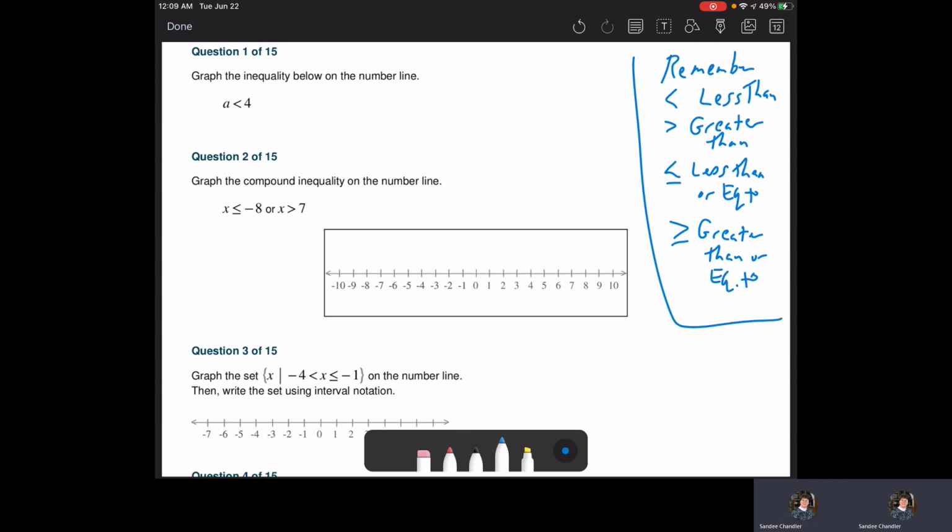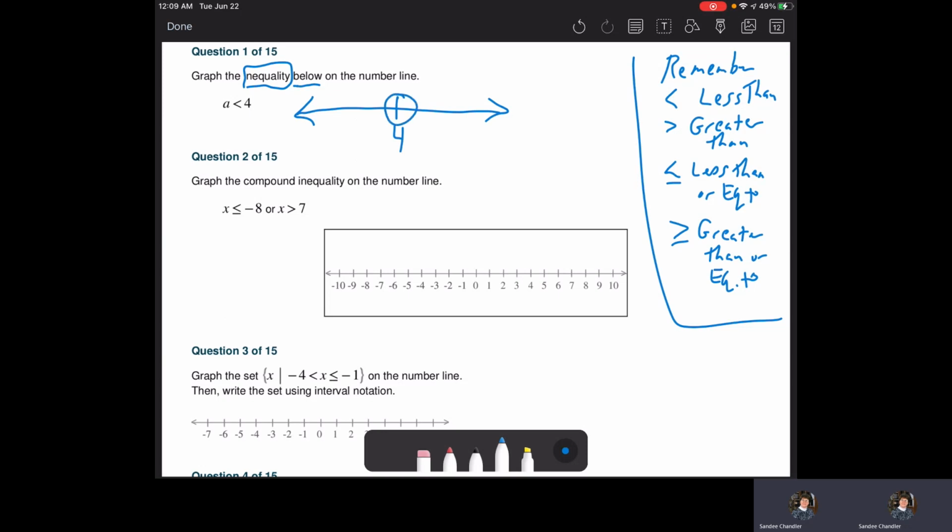So for number 1, they want us to graph the inequality below on a number line. So we're going to grab a number line. 4 is our number we're looking at. There's no equal sign, so 4 is open.